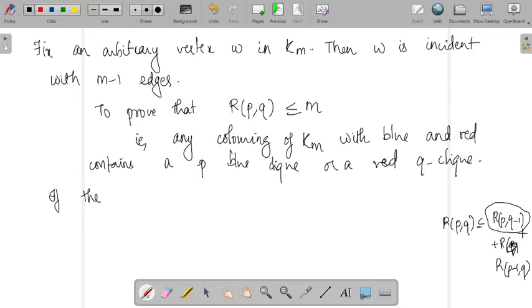So if this is the case, our condition will hold.